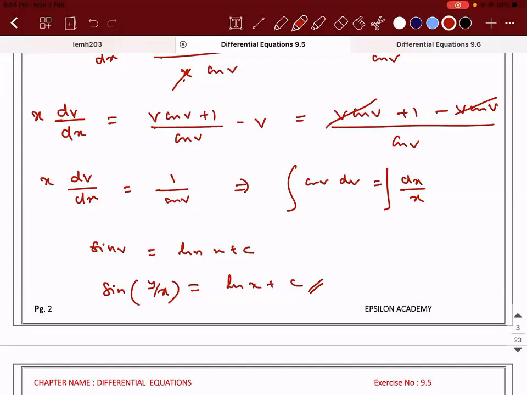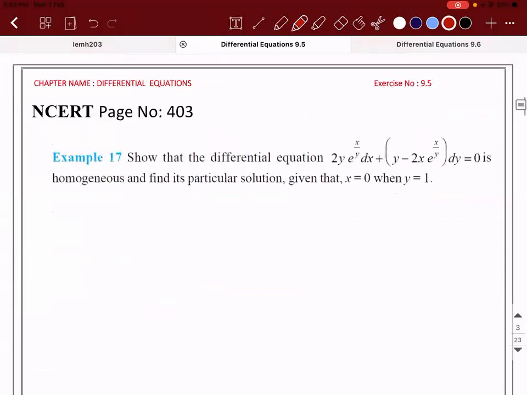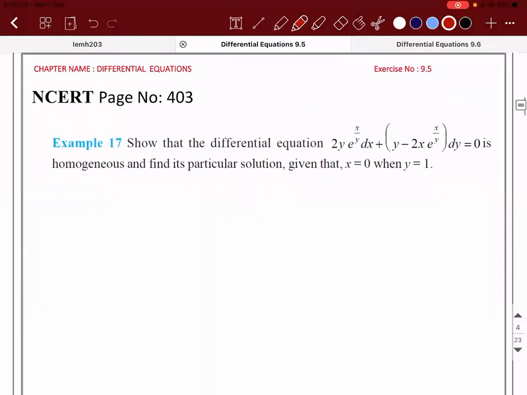Done? Okay. So one last problem I wanted to explain is this thing.